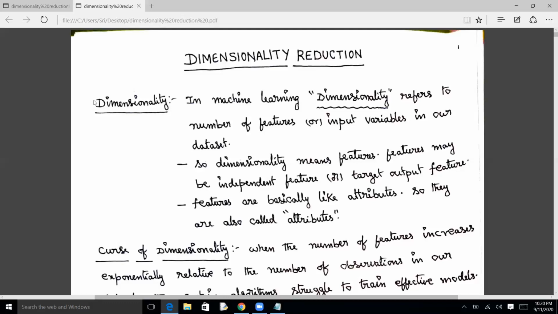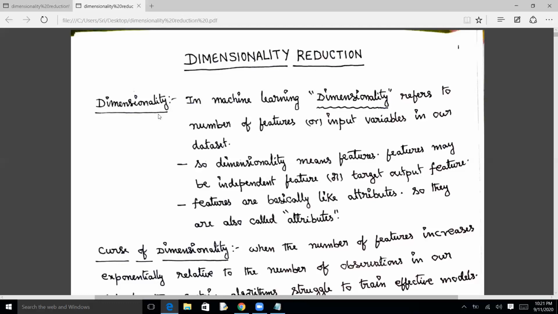Define dimensionality. In machine learning, dimensionality can be referred to as the number of features or input variables in a given data set. That means whatever data set we consider, the number of features or input variables will be considered as the dimensionality.